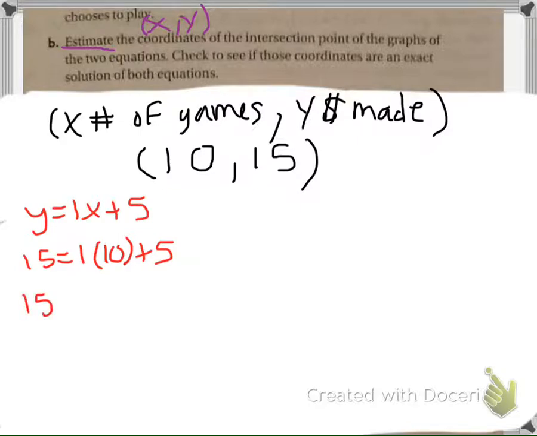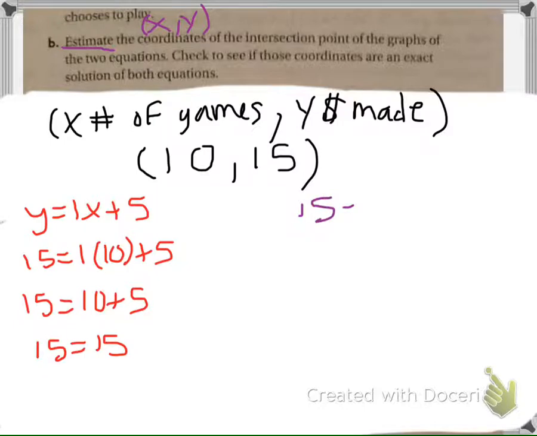Okay, now I solve. 1 times 10 is 10 plus 5, and then I have 15 equals 15. So I knew that one was going to work because I based my estimate on the first equation, knowing that 1 times 10 plus 5 would be 15. So I know my solution works in this equation, but the question is, does it work in the other equation?